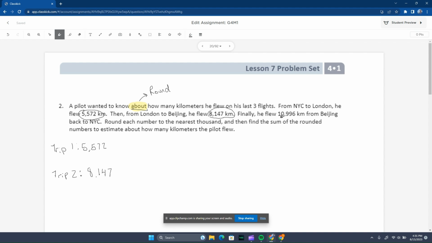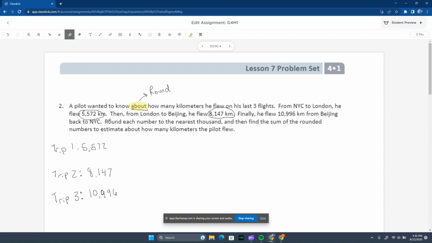Finally, he flew 10,996 kilometers from Beijing back to New York City. So that's the third trip. So trip 3, 10,996 kilometers from Beijing back to New York City.